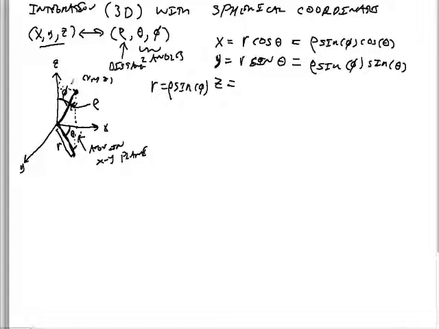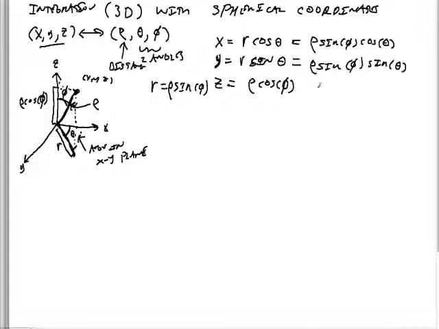Well, z is pretty straightforward. z doesn't depend on theta at all. We just want to find out the height above the xy plane, and that's going to be rho cosine phi, right? Rho cosine phi.